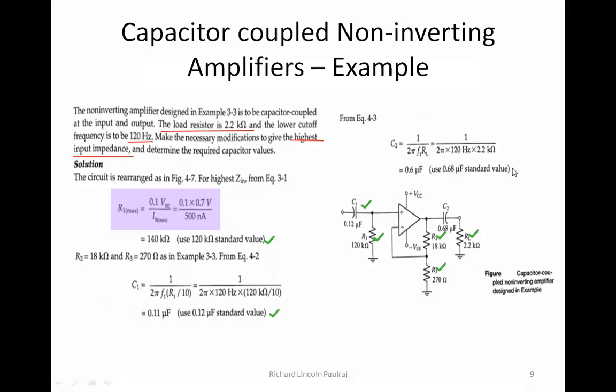Is it fetching that value? Yes, sir, it is. Okay. So again, here we're going to use a little higher value, the standard value. Instead of 0.60, I'm using 0.68. Okay. So C2 is also found out for us.